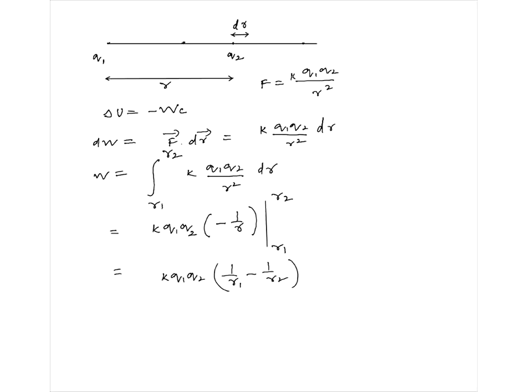That's it. But this is equal to minus of delta U. So delta U is this. Delta U means U final minus U initial. Final means when distance between them is R2.